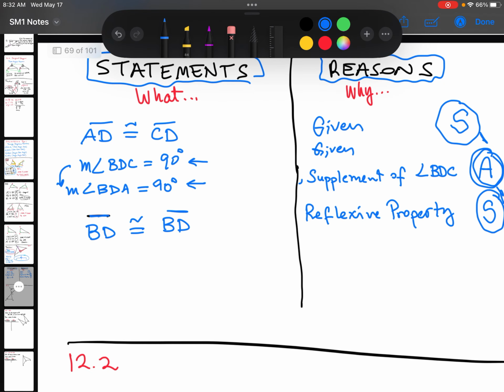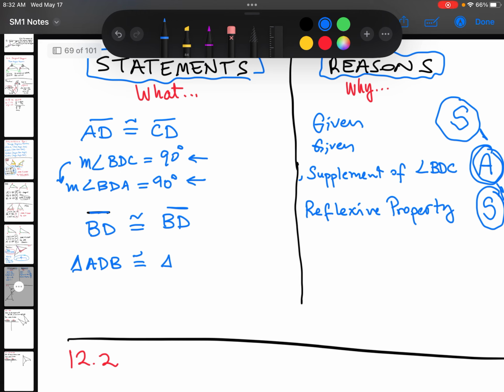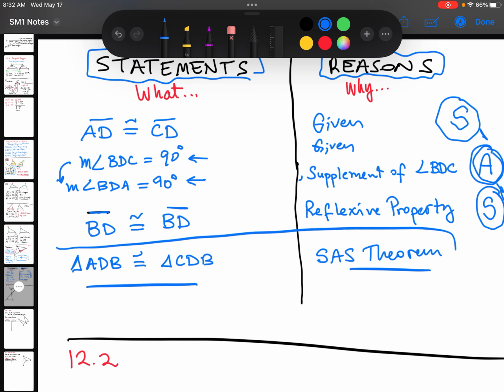We can say that triangle ADB and triangle CDB are congruent because of the SAS theorem. And that's the final statement because I just proved that.